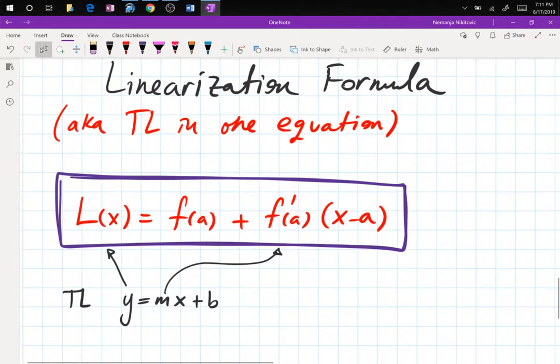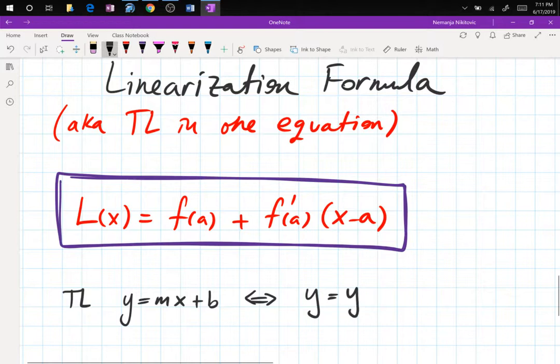Now this form here is actually better understood if we do this. y is equal to y1 plus m times x minus x1. Do you remember this formula in algebra when you had y minus y1 equals m times x minus x1, right? That's exactly what that formula above is.